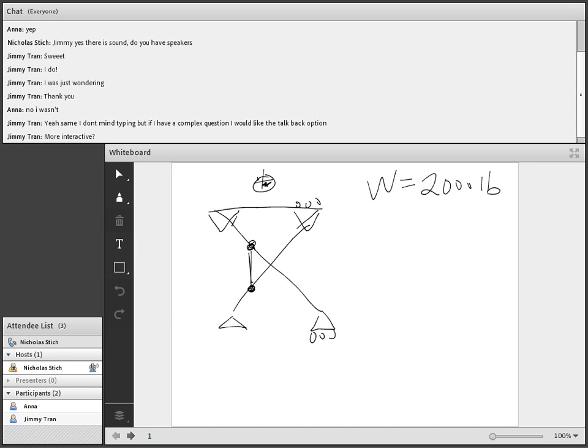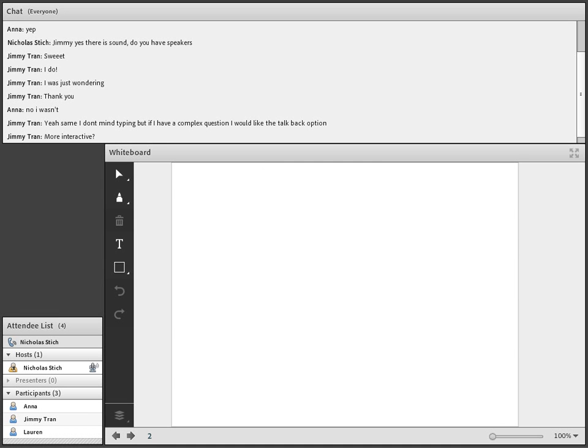But first, it'd be helpful if we knew all the reaction forces at these supports. So by looking at a free body diagram of the entire structure, we can at first neglect the force in this piston and just figure out the reaction forces. All right, cool. I'll go ahead and make a free body diagram on this page.